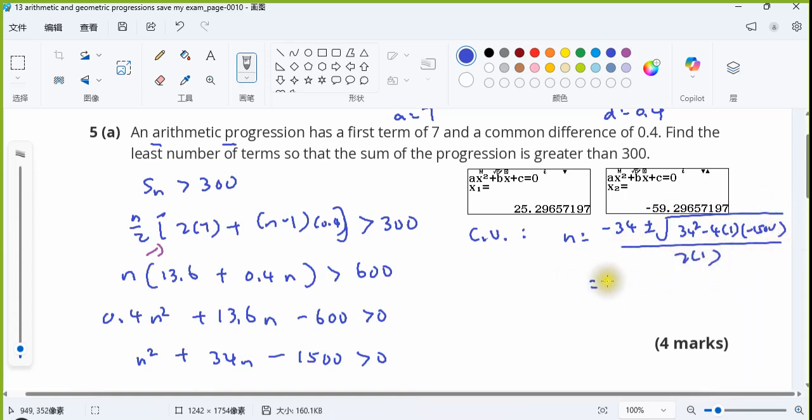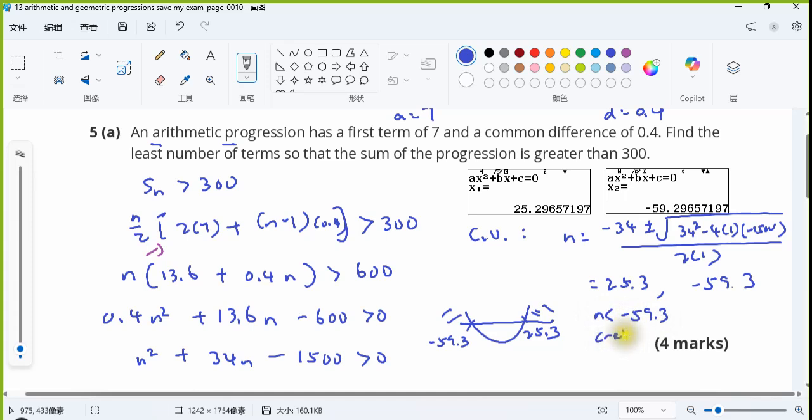So we have negative 59.3 and 25.3, and greater than 0 means these two outer parts. So n less than negative 59.3 is rejected, and n is greater than 25.3. Therefore, n is 26.